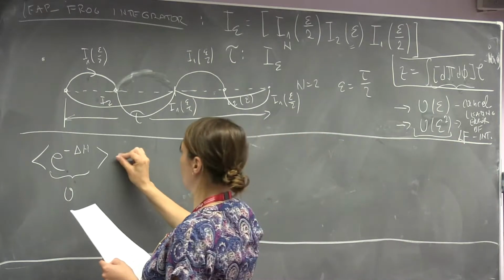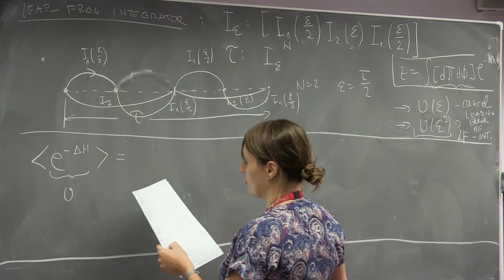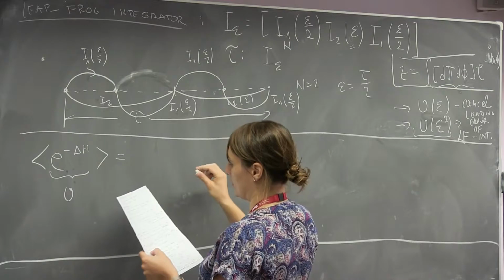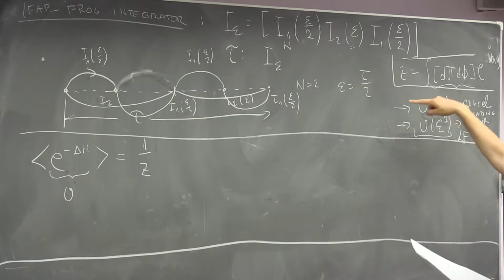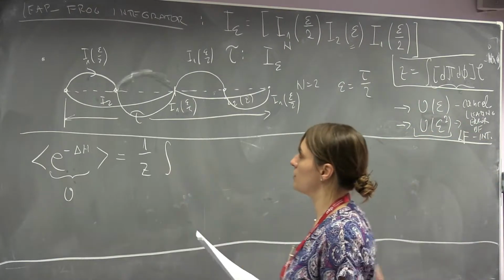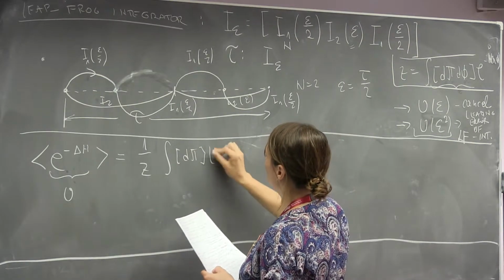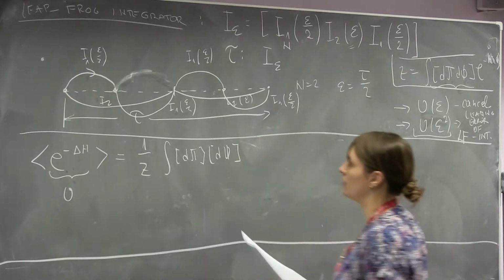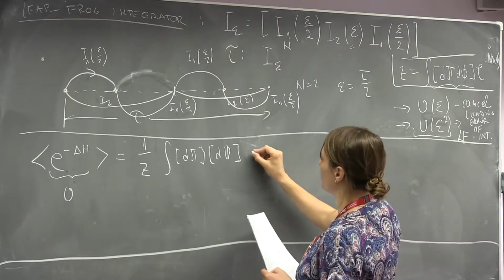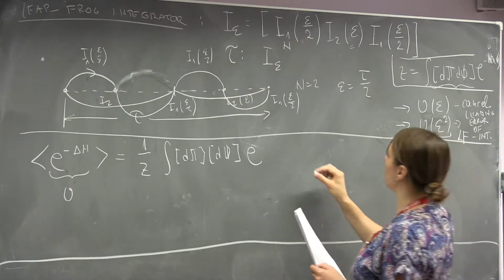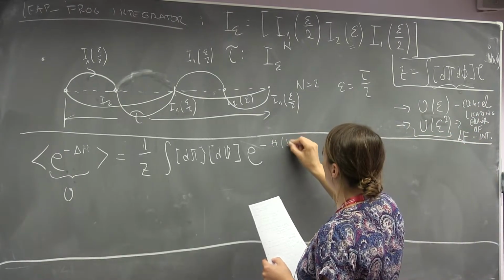And if we now want to estimate the expectation value of e to the minus delta H, this would be equal to 1 over the partition function, as we've seen yesterday, times the integral d pi d phi, integrating over both of these variables, times e to the minus our original Hamiltonian.